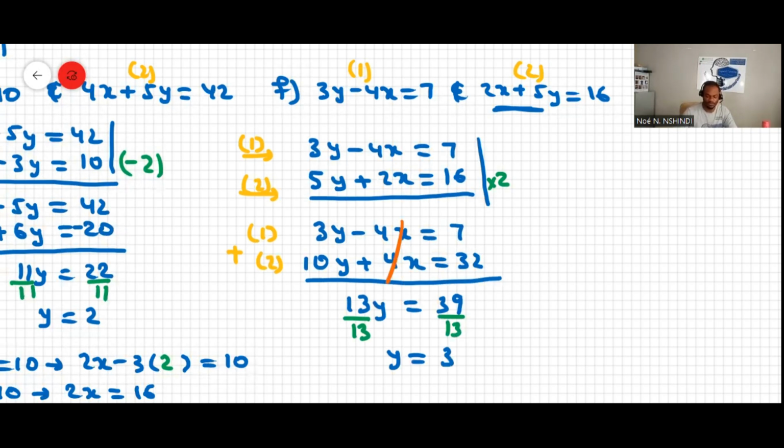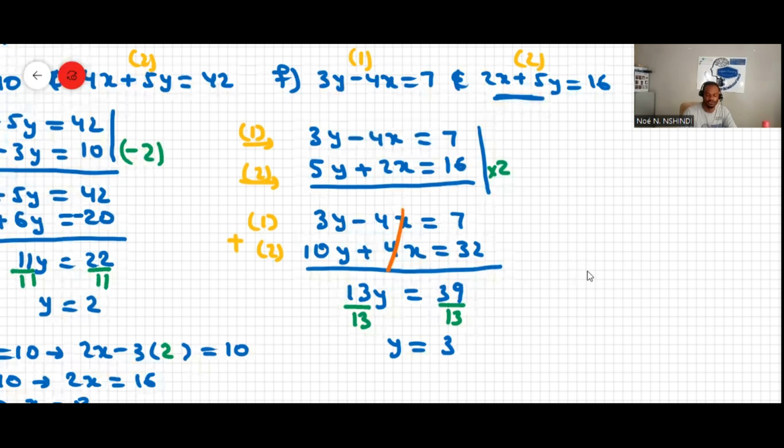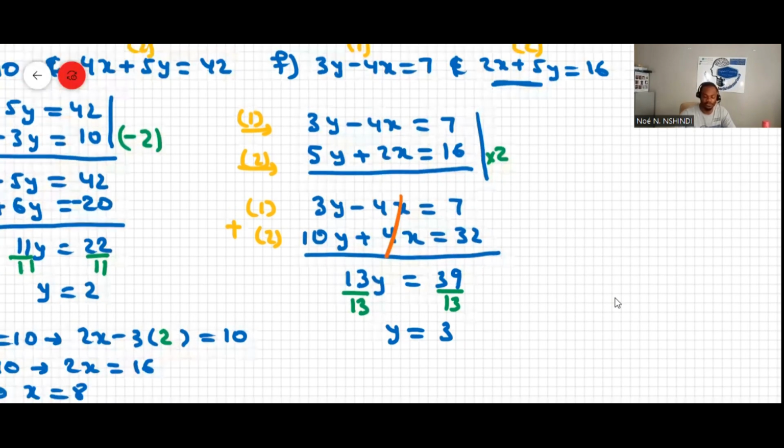Now that we have y equal to 3, we can substitute in either equation 1 or equation 2. Which one do I want to take? Let's take equation 2, for instance. Any of the equations will lead to the right answer. So equation 2 is 2x plus 5y equal to 16.